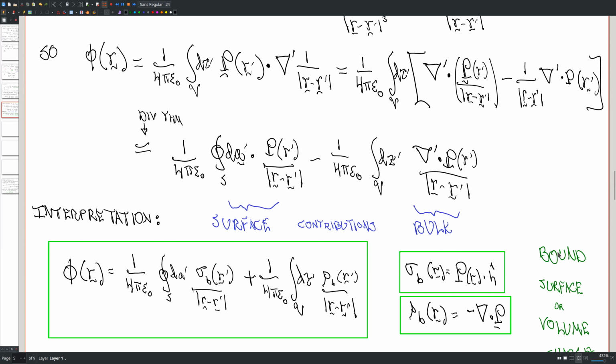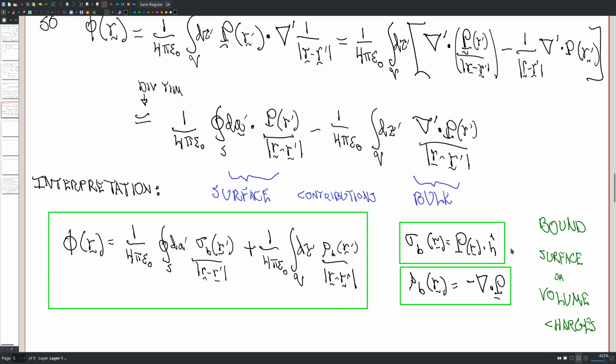So, bound surface and volume densities. Their mathematical expression in terms of the polarization is given here. The surface charge density is the inner product of the polarization vector with the normal at the surface point where you're evaluating it. And the bound charge density is minus the divergence of the polarization. We'll do a few drawings for you to understand where that comes from.